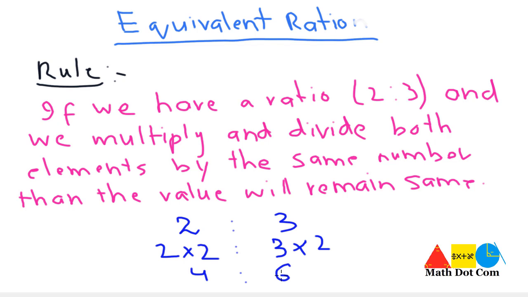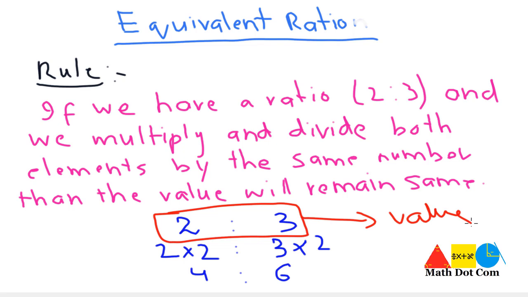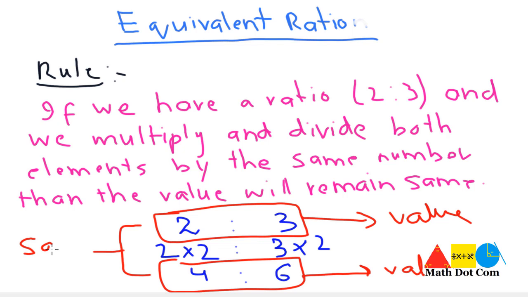It means that this ratio value is same as this ratio. They are same. It means if you have the ratio of 2 is to 3 between two quantities, or you have the ratio of 4 is to 6 between the two quantities, then they have the same value of ratio between the two.